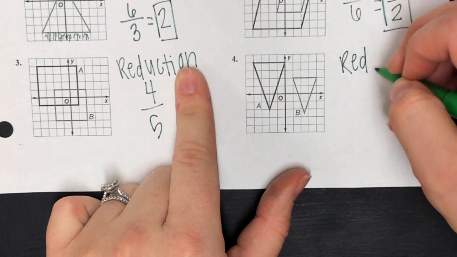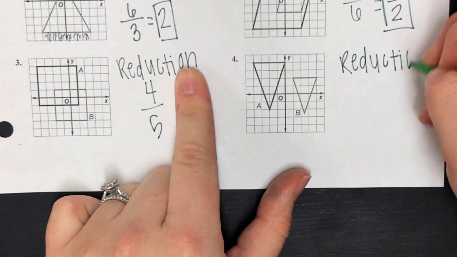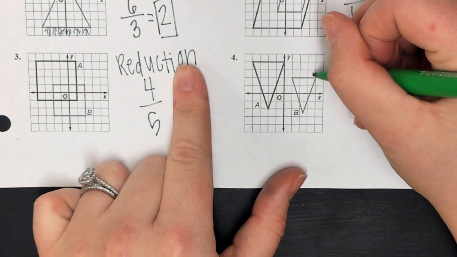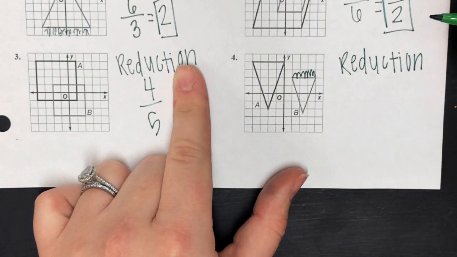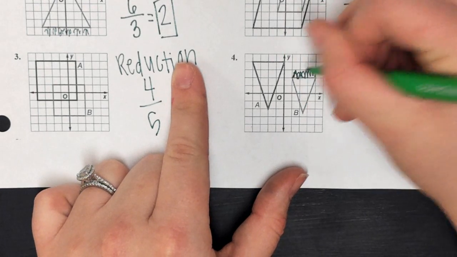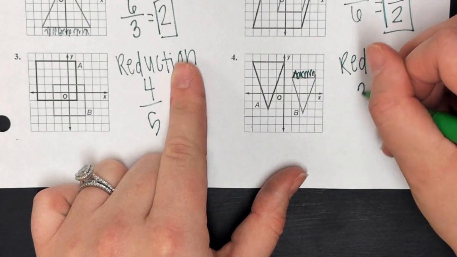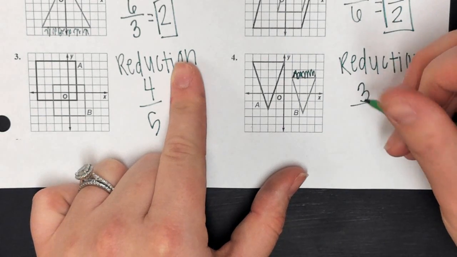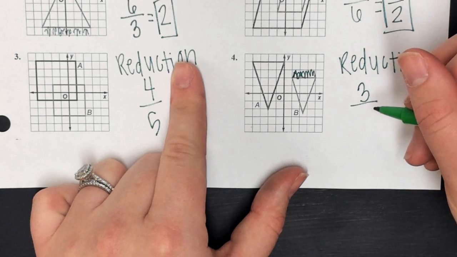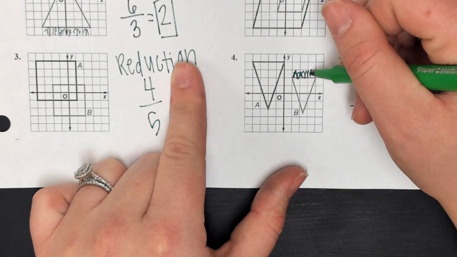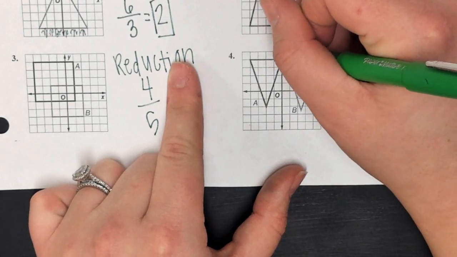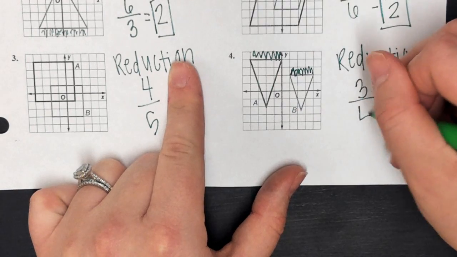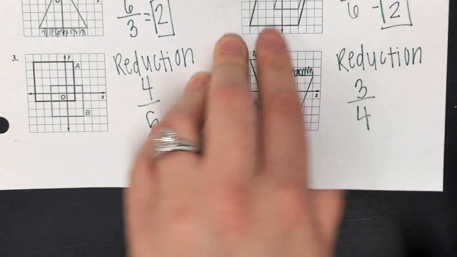And what was the scale factor? How many is on the smallest one? 3 over what? If you count the top here, 1, 2, 3, over the top of this one, 4. Good. That's all it's got to it.